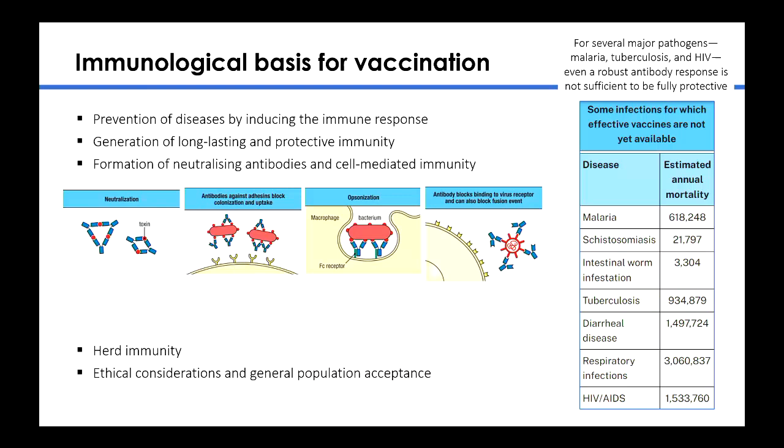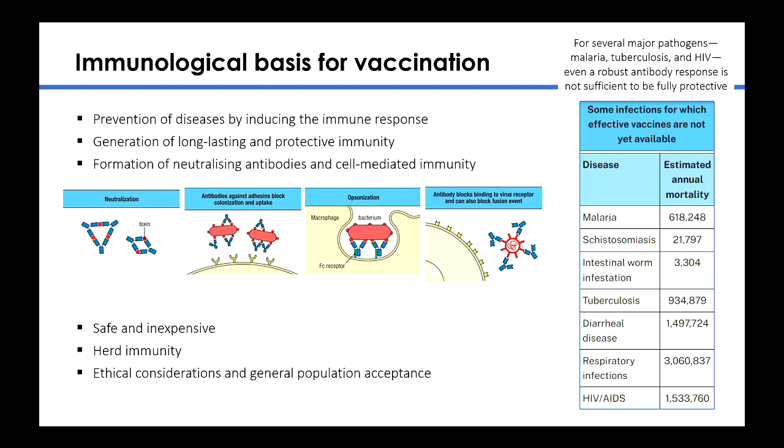So the approach here is not necessarily to induce a cellular immune response, but rather to maybe produce broadly neutralizing antibodies. So antibodies that will target not a particular epitope, but something that is more common amongst different types, or different variants, so to say, of the virus.